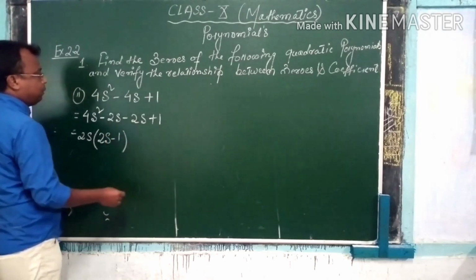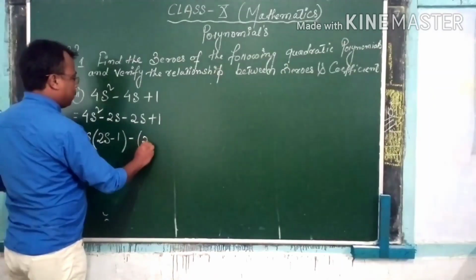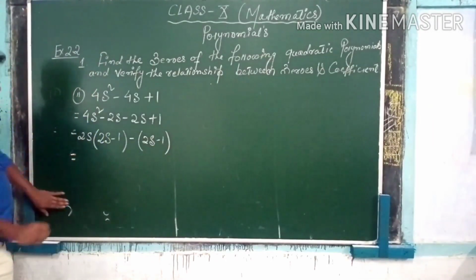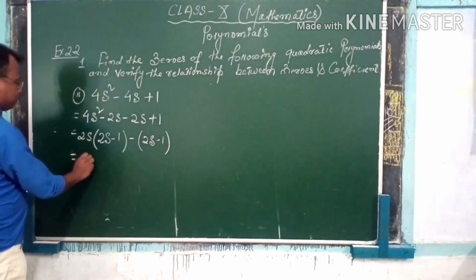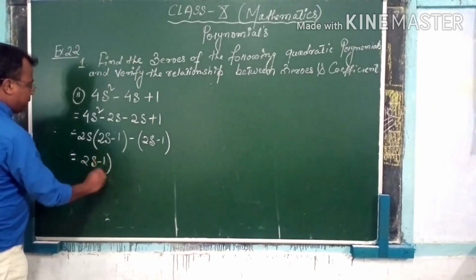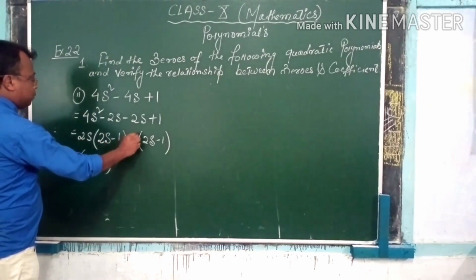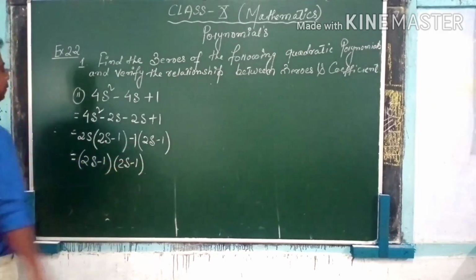Then minus is common, so minus 1 times (2s minus 1). Now what is common here? 2s minus 1. So (2s minus 1) times (2s minus 1).